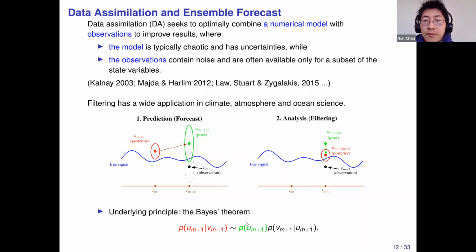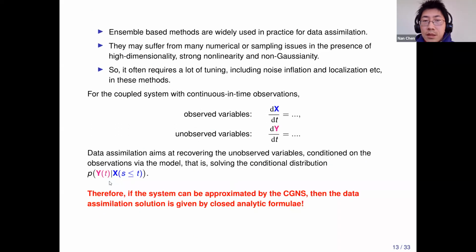This will be a forecast of Y, and this will be a likelihood of this Y given X. So the posterior here will be the conditional distribution of the unknown state Y given the time series of our observations, right? And actually, this distribution has appeared in the previous pages. That is exactly the conditional distribution we looked at in the conditional Gaussian system.